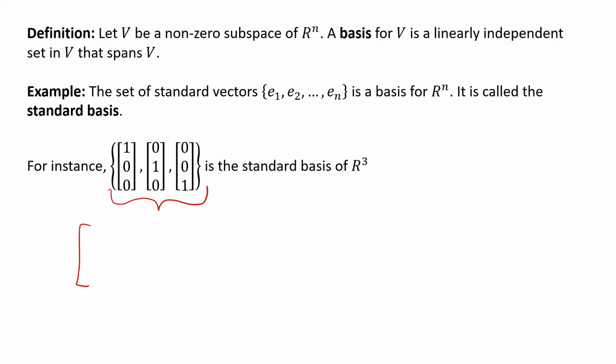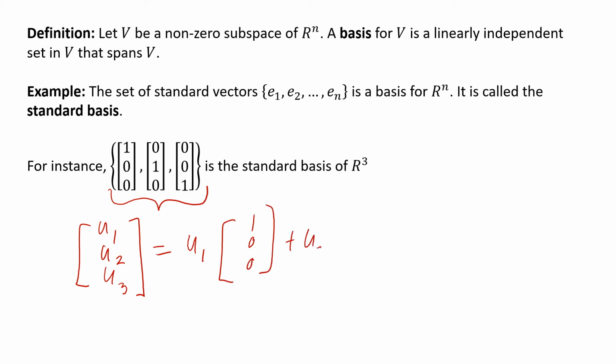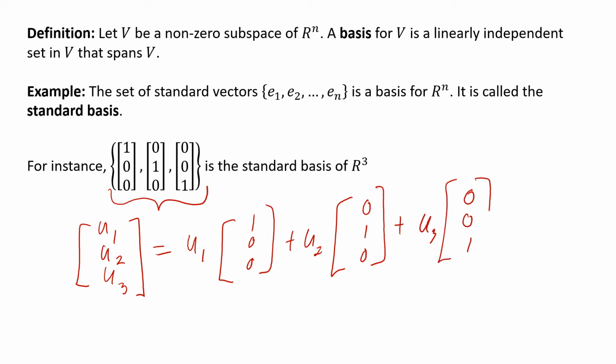That's equal to u1 times (1, 0, 0), plus u2 times (0, 1, 0), plus u3 times (0, 0, 1). So the span of those 3 vectors is all of R3. You can build everything in R3 from the standard vectors.